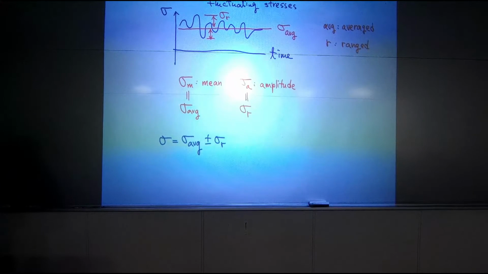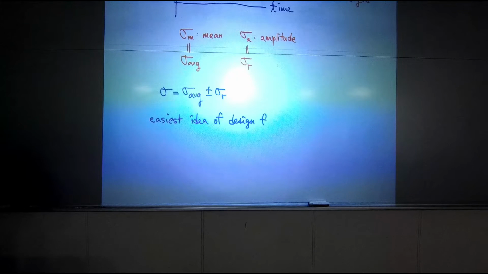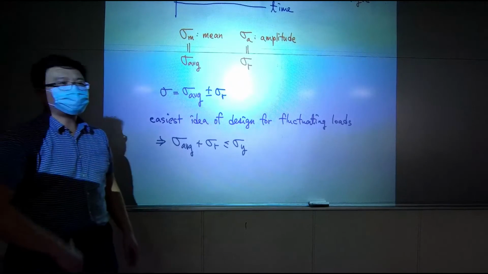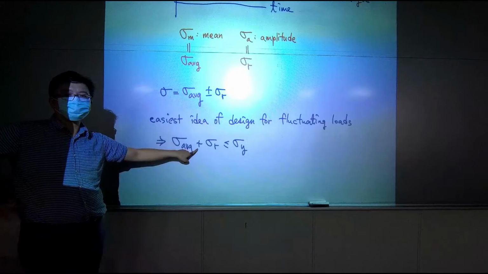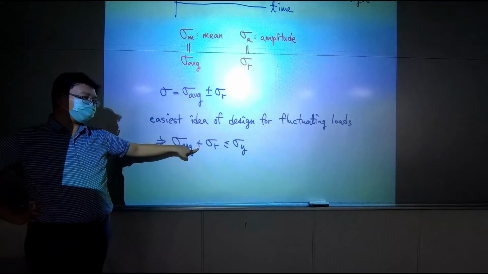So the easiest idea of your design for fluctuating load then could be this. Can someone tell me why I don't put a minus here? There's a plus or minus, but I don't put a minus here.